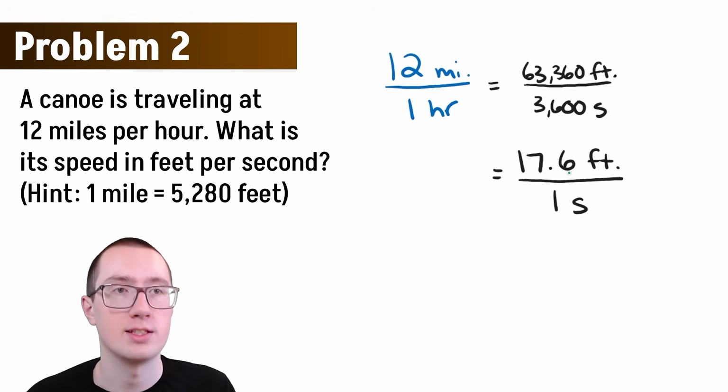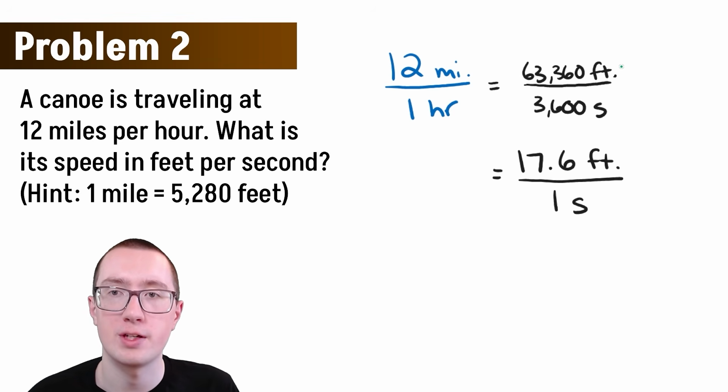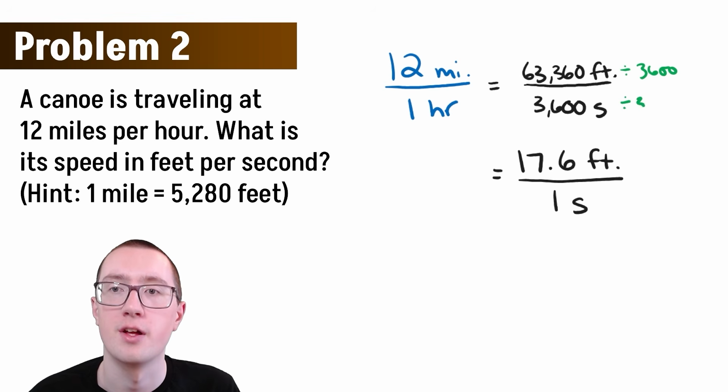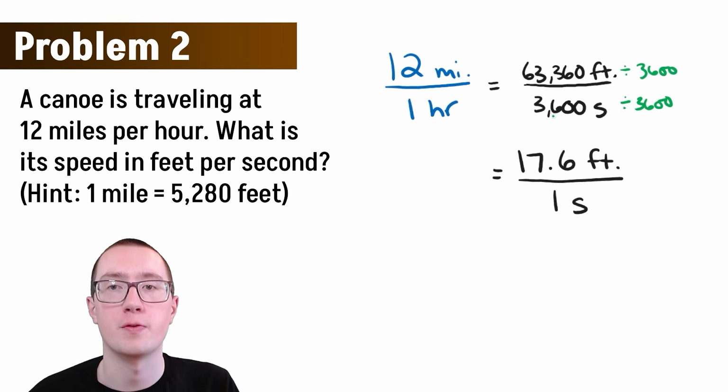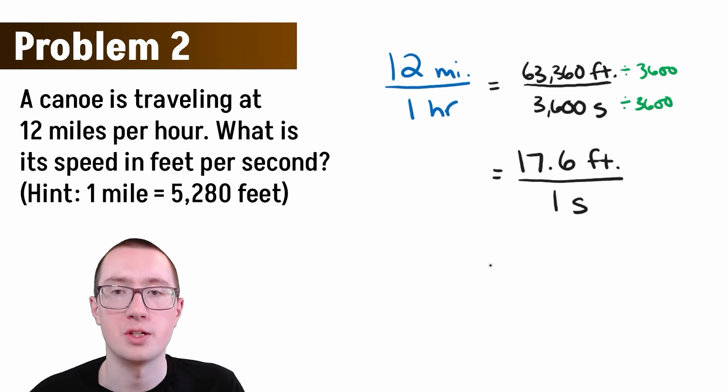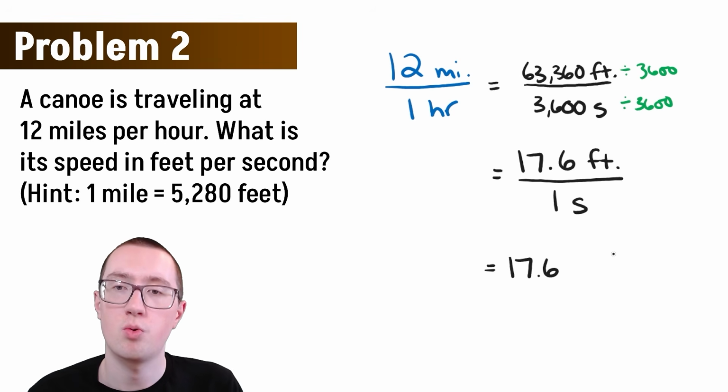If you want to think of this as simplifying fractions, you can think of it as dividing both the top and the bottom by 3,600. And that forces the bottom of the fraction to just be 1 second, which is what we want. So rewriting our answer to be better, the final answer is that the canoe travels 17.6 feet per second.